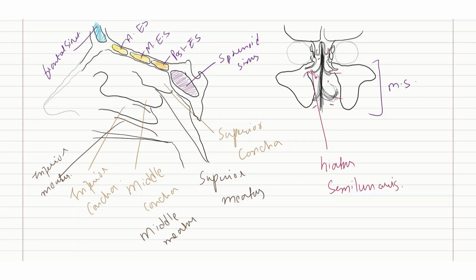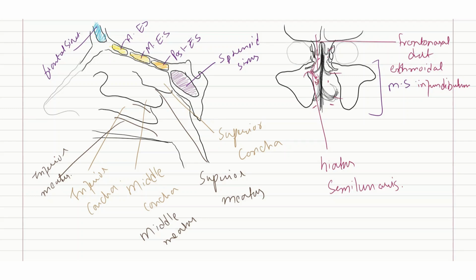The frontal sinus will drain with the help of frontonasal duct, which is also known as ethmoidal infundibulum. The frontal sinus will drain from the frontonasal duct through the hiatus semilunaris and into the middle meatus.